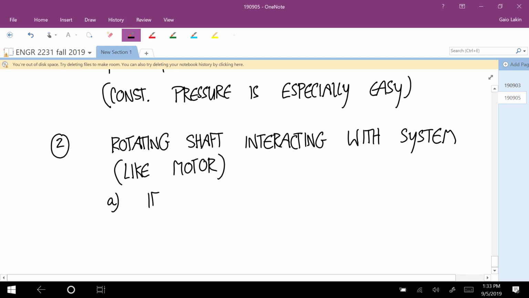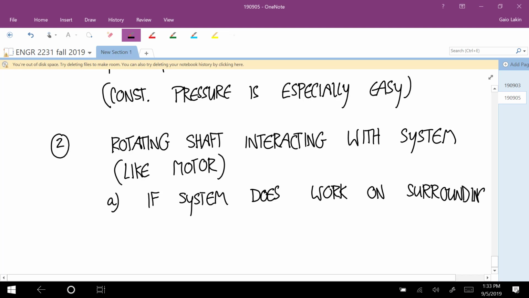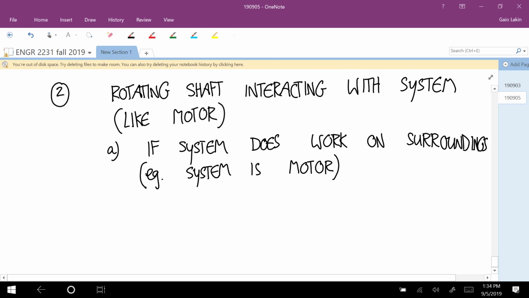So if your isolated system is doing work on the surroundings, and that would be like, for example, your isolated system is a motor, then the rate of work is equal to the torque that's applied to that shaft times the angular velocity.